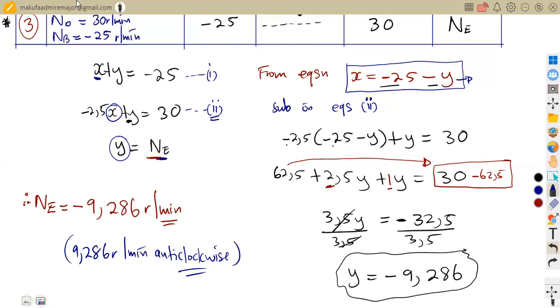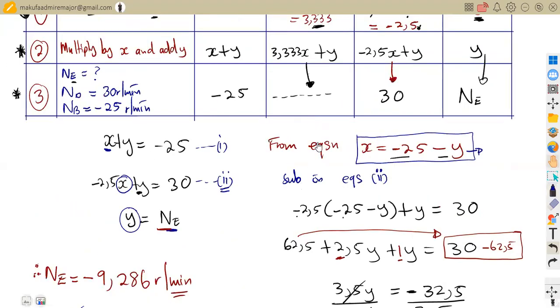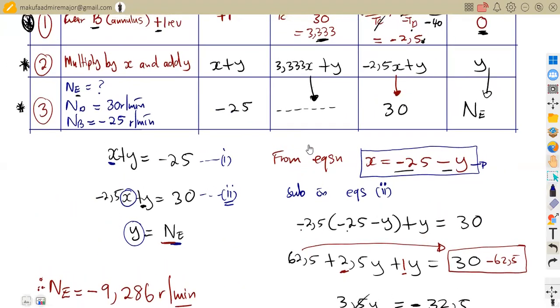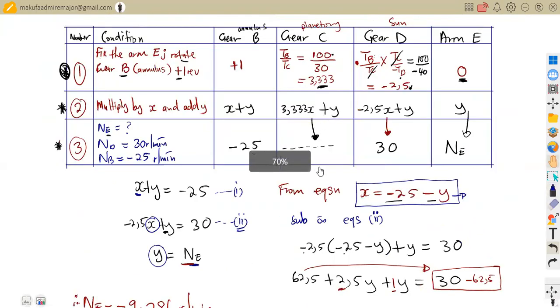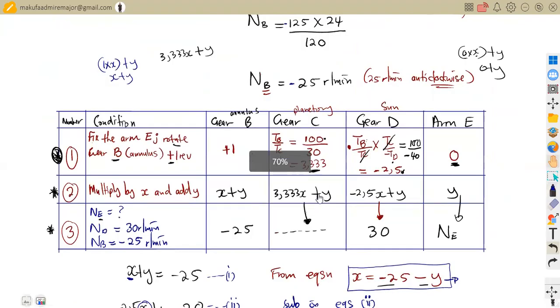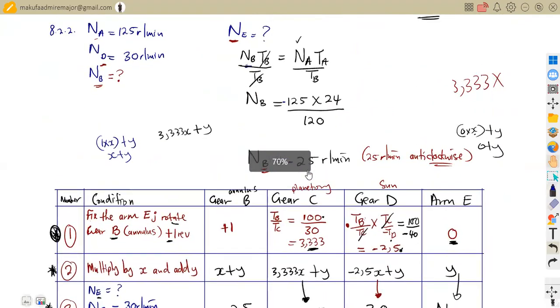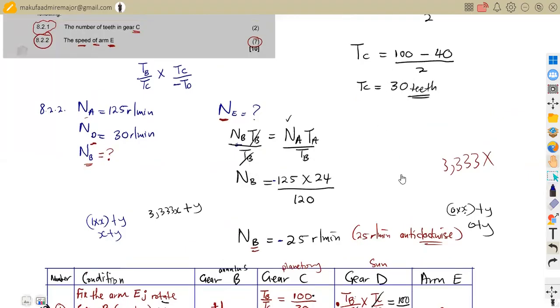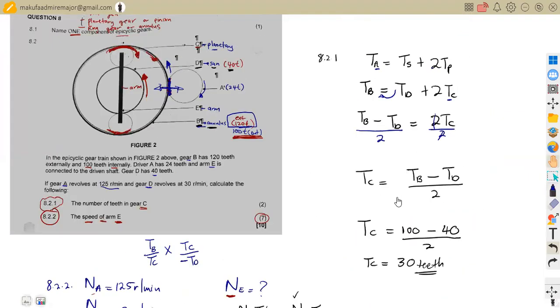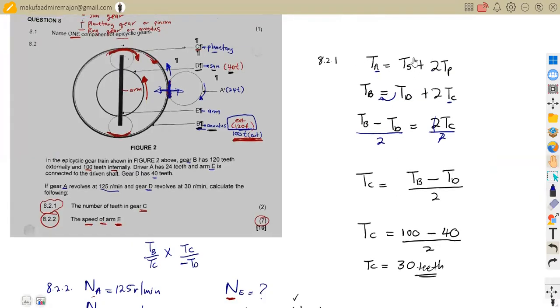It can be very important, and also check from your N4 stuff, because some of these calculations are simply an extension from our N4, and also your formulas like this part: the calculation of the number of teeth on gear B, the calculation of the number of teeth if we are given the number of teeth on the annulus, the number of teeth on the sun gear, and also the number of teeth on the planetary. We can use this formula. It's there on your formula sheet. So that is what you need.